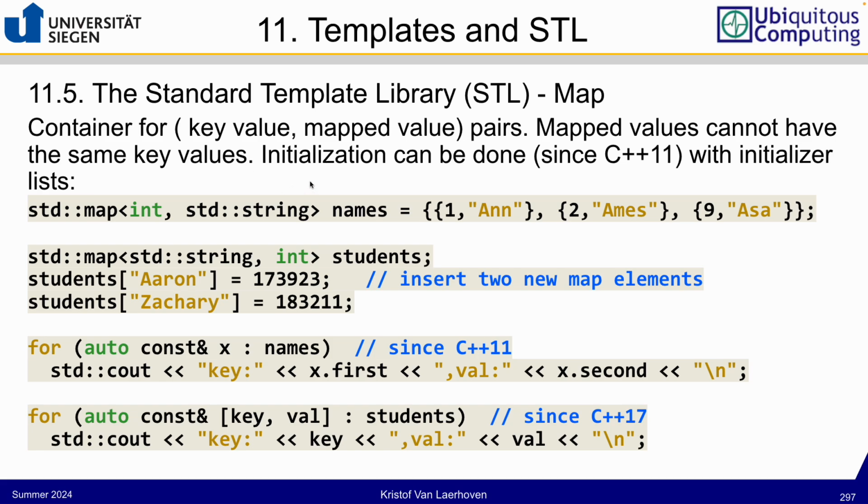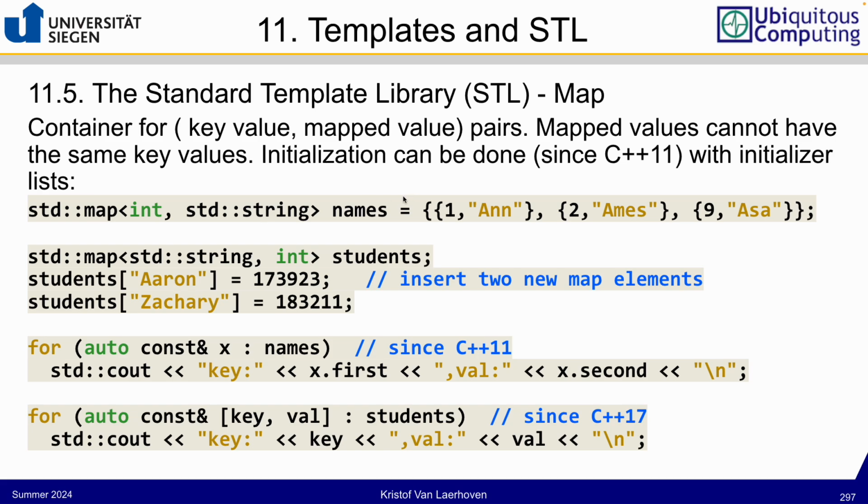And you can also initialize it through an initializer list as we had before. So I can have a map container over here, and for a map container, we always need a pair. And for those pairs, we can have the same, but also different types. So in this case, I use an integer for our key value, and a string for our mapped value. Perfectly possible.